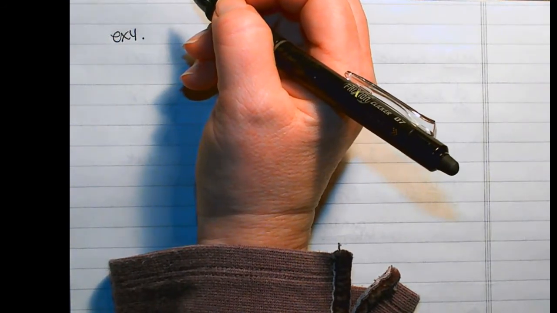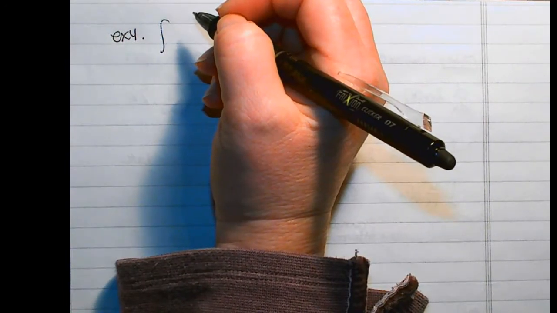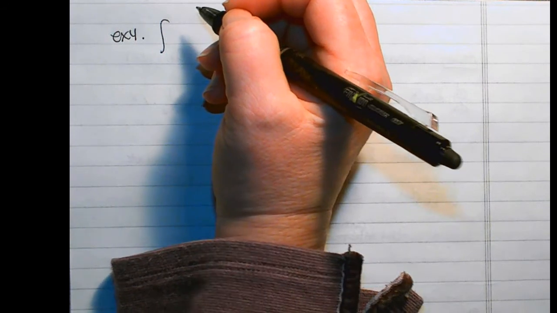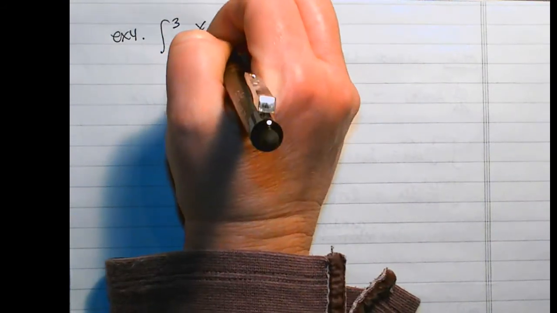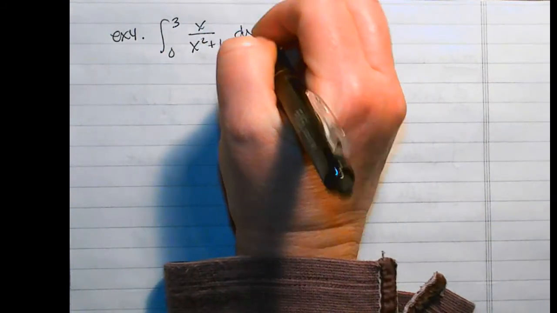Let's do a definite integral. From 0 to 3, those are my limits of integration, of x over x squared plus 1 dx.